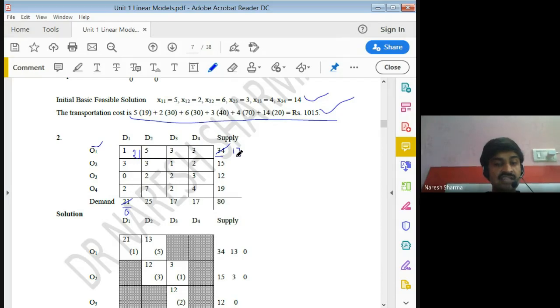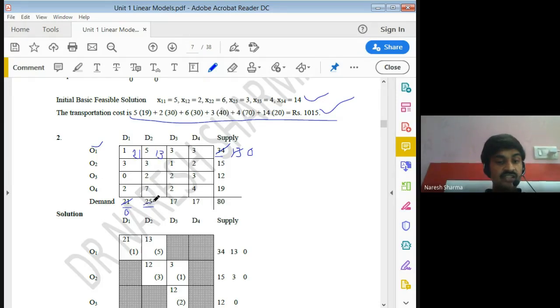Now it has more capacity, so we go to the right side in the table to check this location, that is location number 1, 2. Its demand is 25 units, but the capacity we have is 13. So we send the 13 units. Once you send the 13 units from O1 to D2, its O1 capacity is complete.